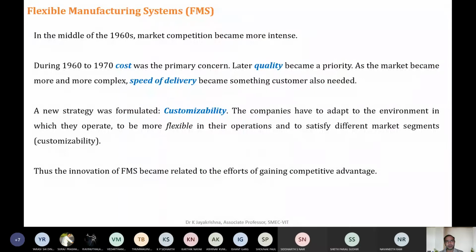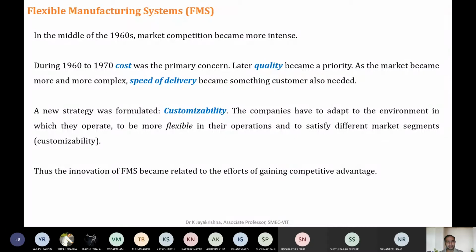That is soon after the invention of NC machines, or numerical control machines, the beginning stage of computers entering manufacturing, or a few years before that. That's when the term flexible manufacturing system came into the picture.